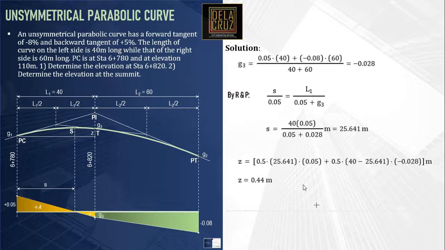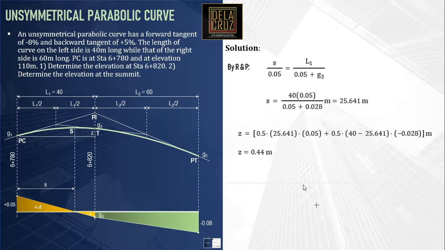Now we can calculate the elevation of point T. The elevation of point T is the elevation of PC plus Z, the difference in elevation. Notice that this is positive 0.44. A positive area or positive change in elevation indicates that the second point is higher than the first point.